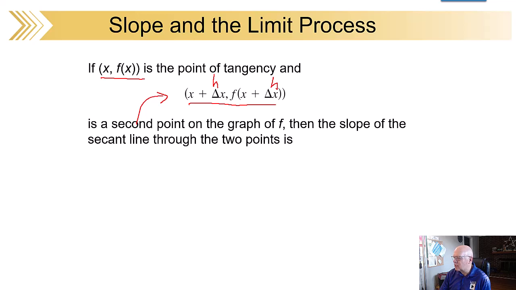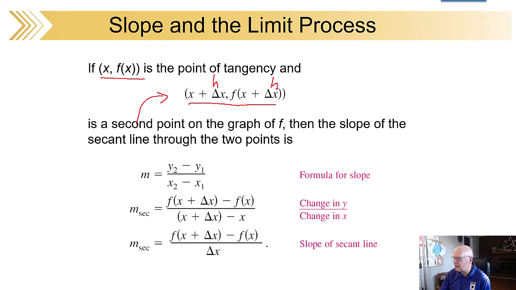If we draw the secant line, or the line that goes through those 2 points, we've got an approximation of the slope. And we can do it like this, with h's here, here, here, here. Did I get them all? Oh, you can do that. So there's the formula for the slope. Make the switches from y's and x's to function notation, and you can get the slope of the secant line.